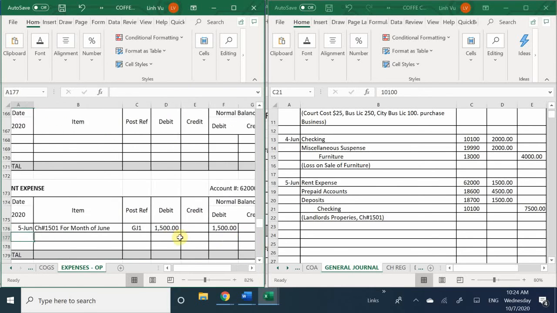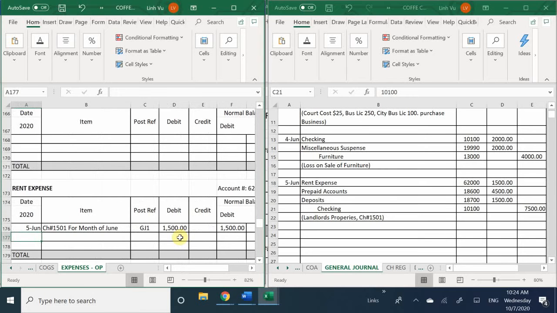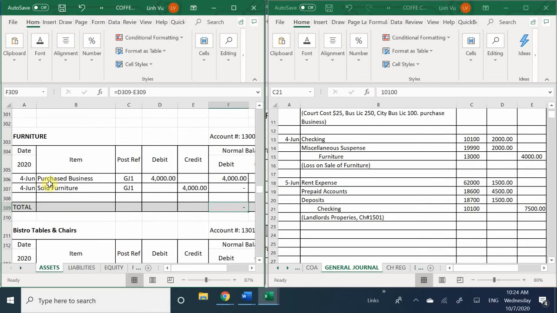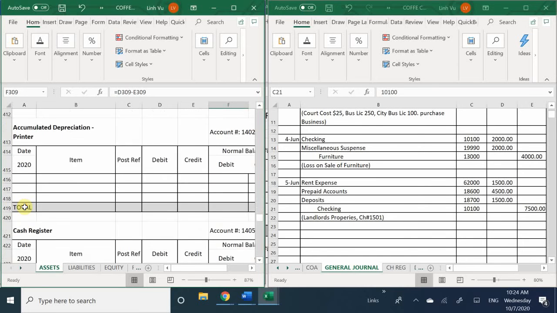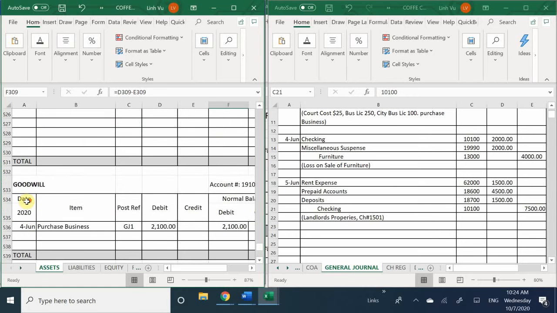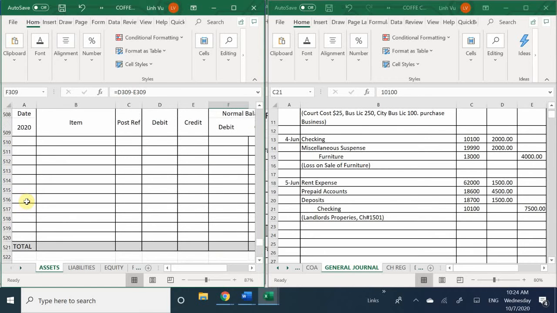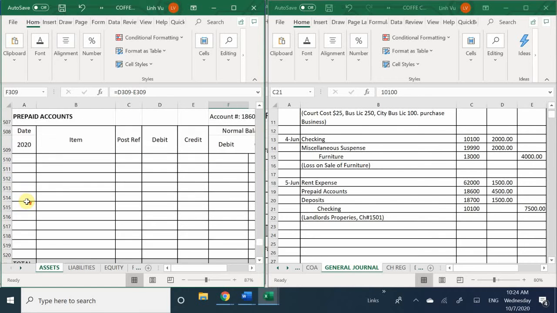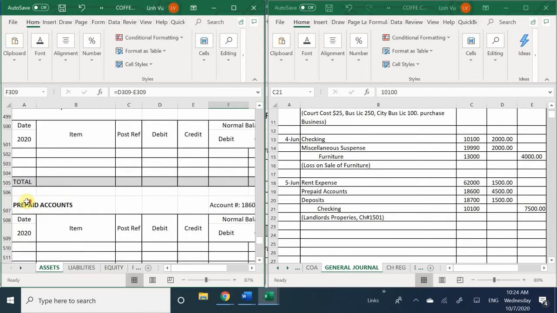All right. Now, what's my next account that I have to enter in? Prepaid accounts. I'll give you a hint. It should be at the very bottom of your Excel sheet. For the Word document, it's going to be page 17, or actually page 16, since it's not the very last account.